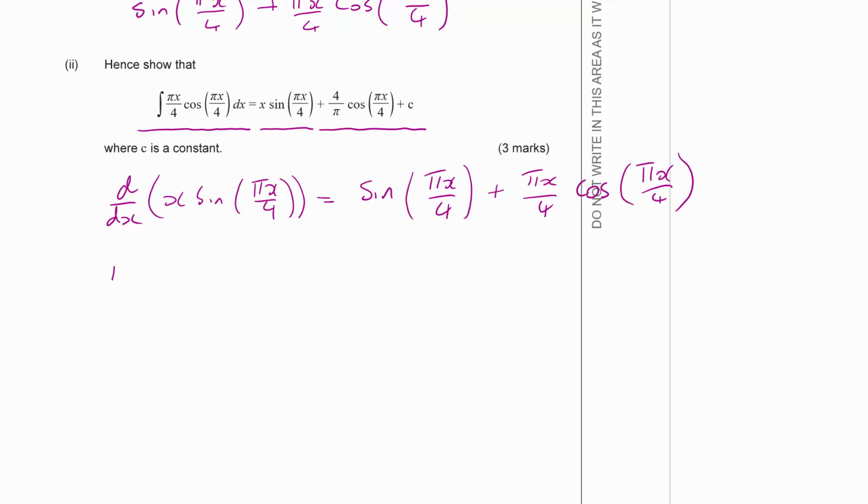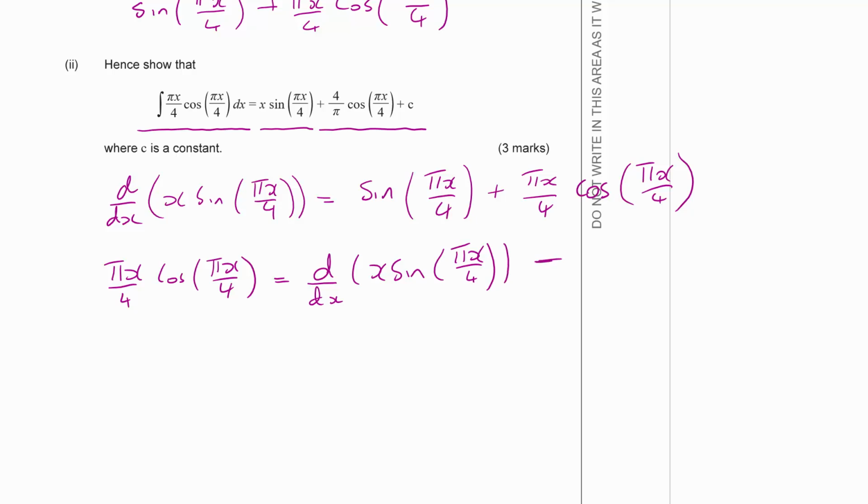That means that pi x on 4 cos pi x on 4 would be equal to d dx of x sine pi x on 4 take away sine pi x on 4.